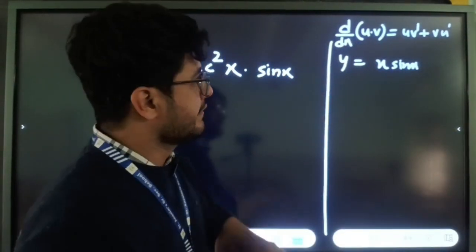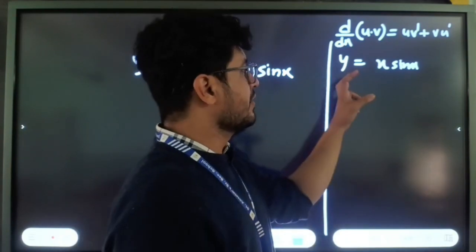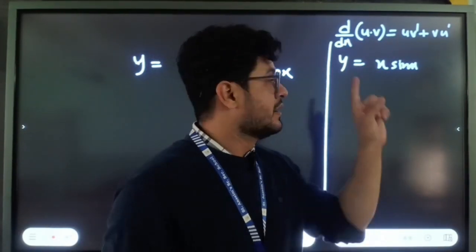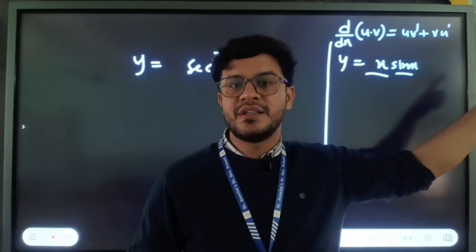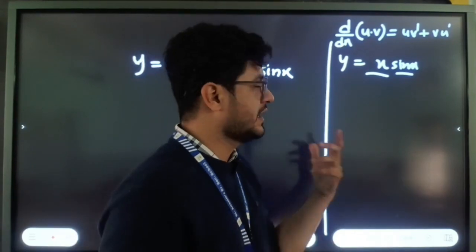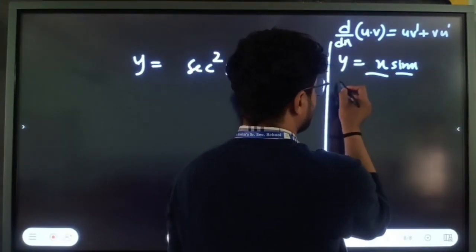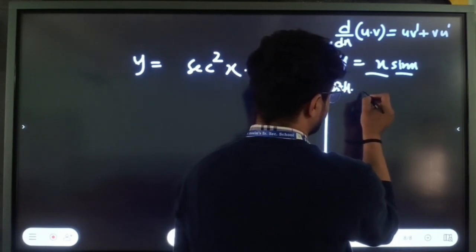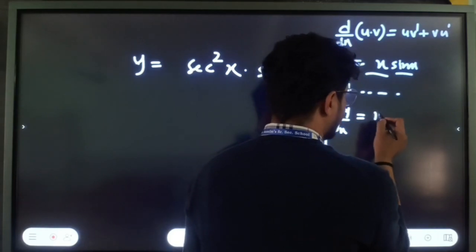So we'll use this formula for this example because it is clear that two different functions are coming here, x and sin x. The first is an algebraic function and the second is a trigonometric function, as we studied in the initial chapter on functions. Under this rule, we'll find the derivative, same process, differentiation with respect to x. Then we'll get dy by dx equals x as it is.